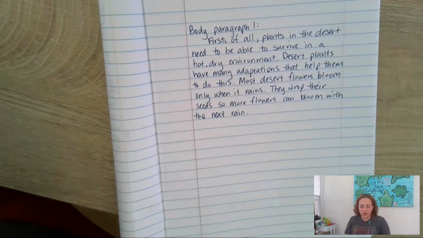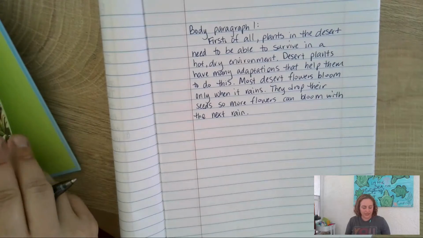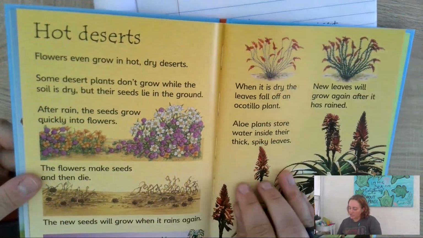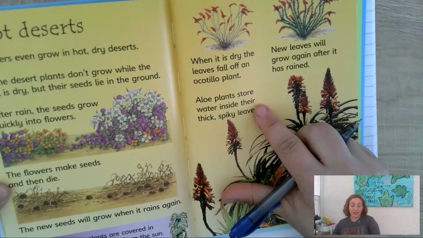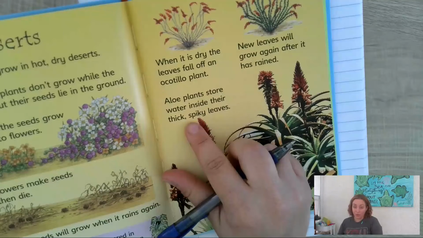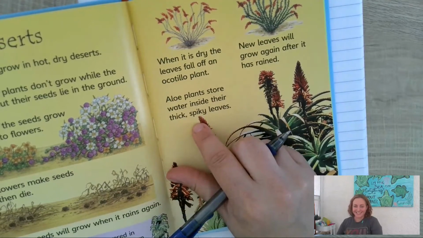Now I want to make sure I include a direct text evidence. Okay, so I might talk about the aloe plants. Because I'm going to quote it directly, I'm actually going to write this exact sentence.